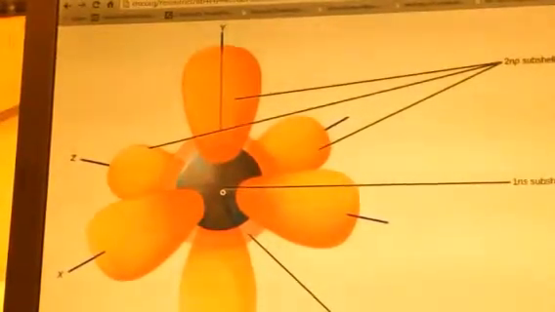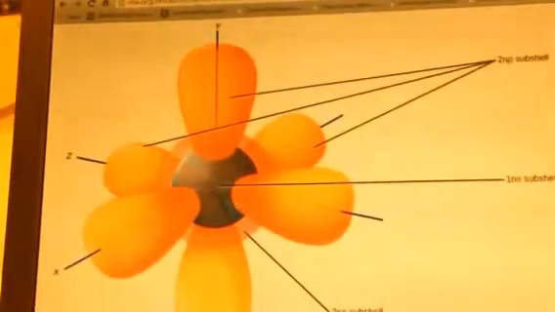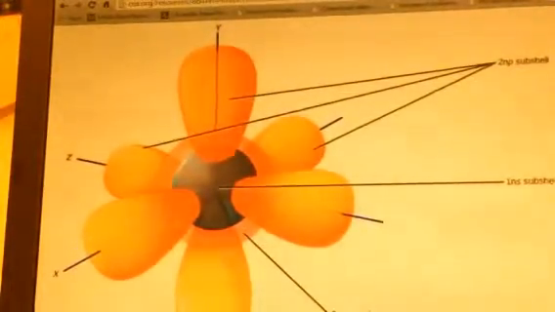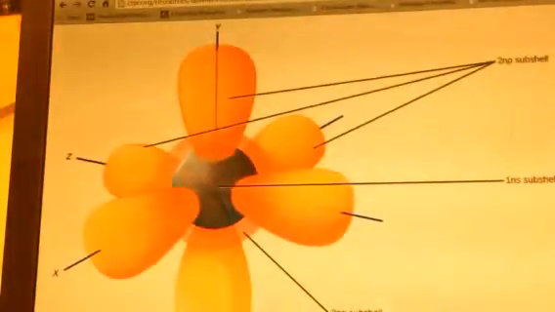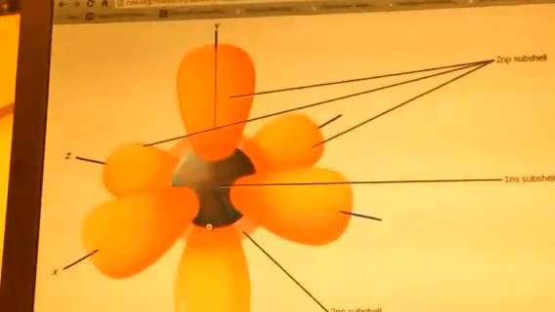Once you go further out from the center, if you have that many electrons, you have another round area like that. So again, electrons are likely to be in that area. As you add electrons, you're going to have additional different shaped orbitals.